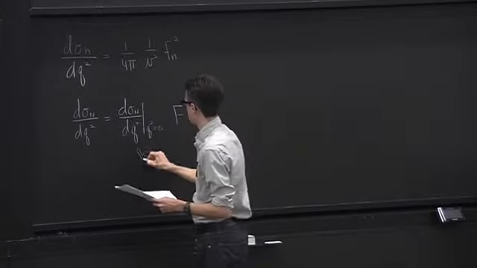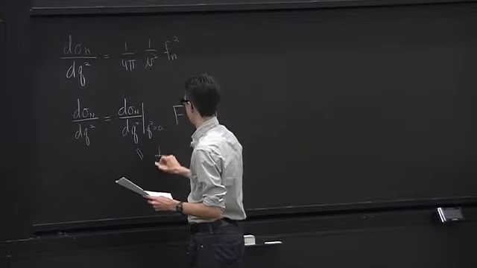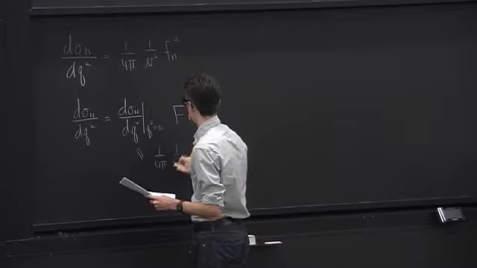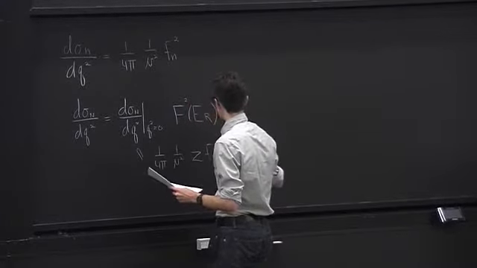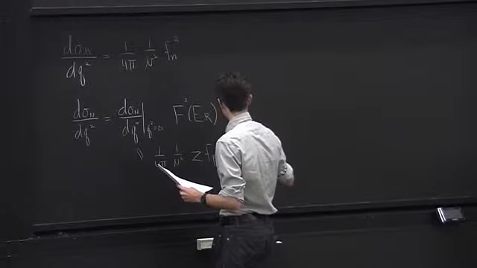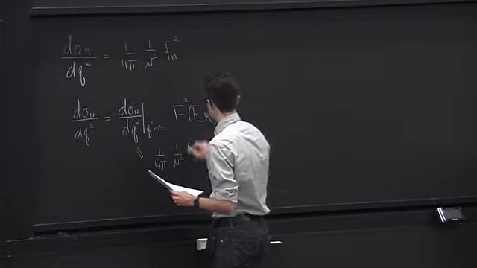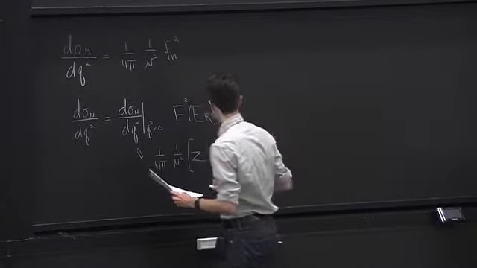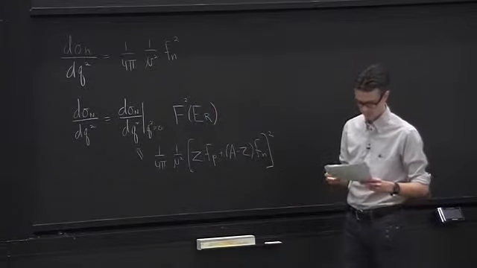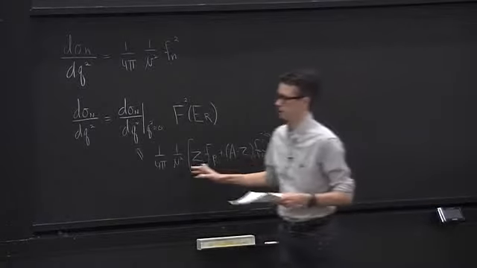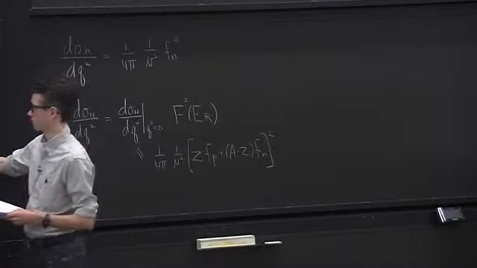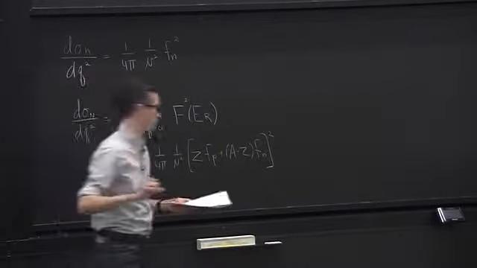So this is just 1 over 4 pi, 1 over v squared, and I have the same Z F_p plus (A minus Z) F_n, all squared, as before, because in this case I'm just counting protons and neutrons. So this is going through again.